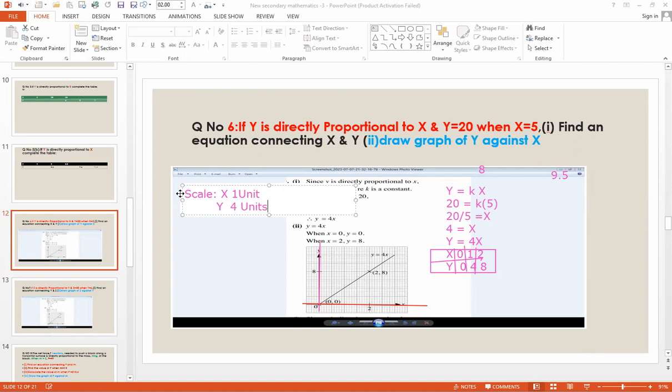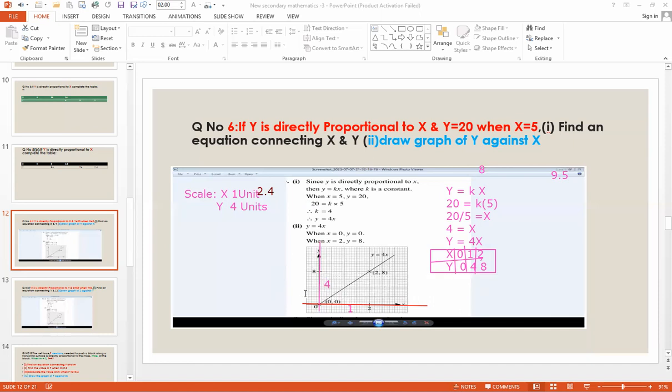Now, is it clear? Now, this is 0, then 1. This one is 1. And here, this one is your 4.